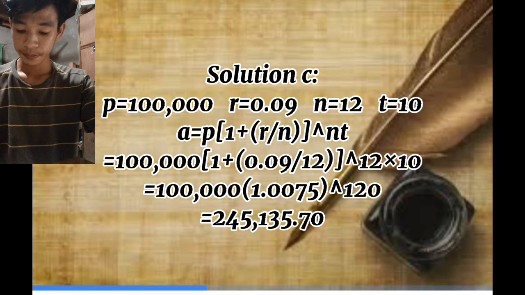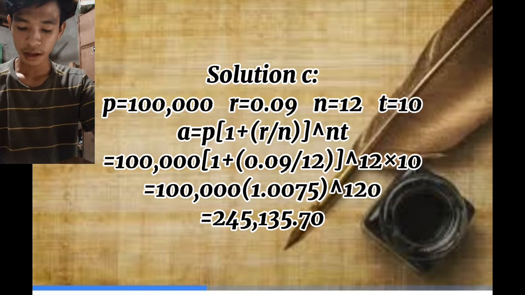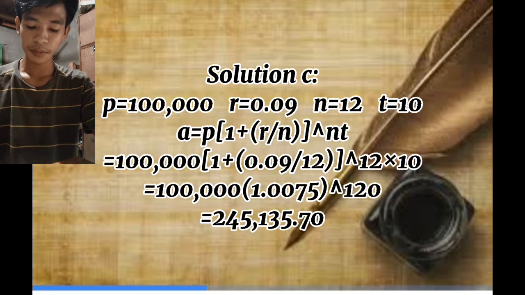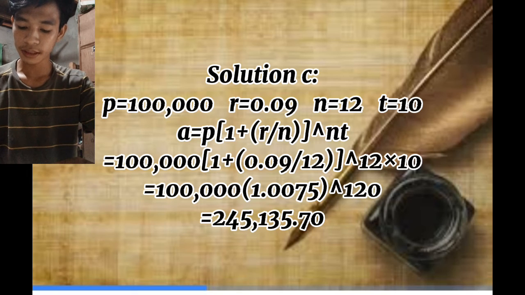So, A equals P times 1 plus r over n raised to nt. Let's input their values. We have 100,000 times 1 plus 0.09 over 12 raised to 12 times 10. So, what we will do here is the same process.